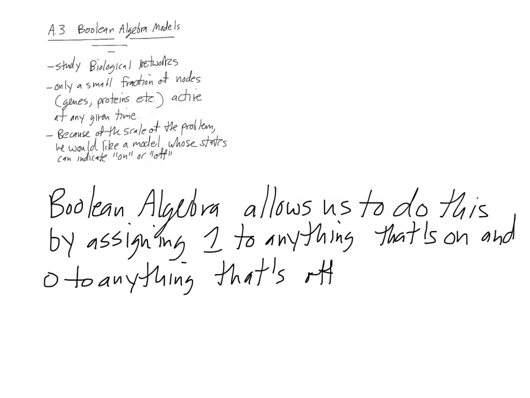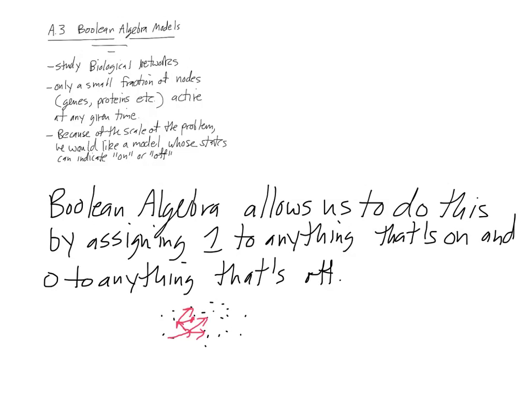And this is beneficial. I don't necessarily know in this class if I've been able to convey that idea, but if you have a system, for example, of a bunch of different genes whose expression impacts the expression of other genes, which in turn impact the expression of other genes, and so forth, having each one of these have a numerical value, say between 0 and infinity, is a big problem to flesh out.